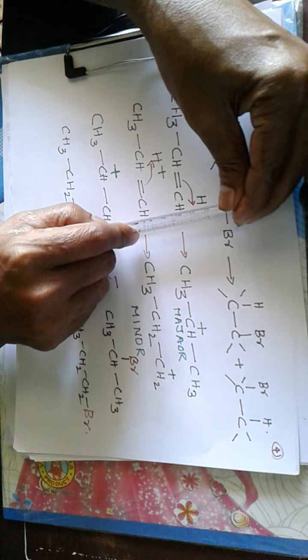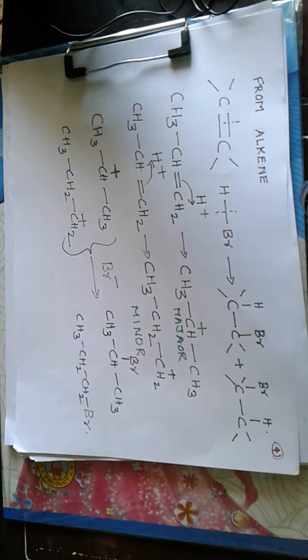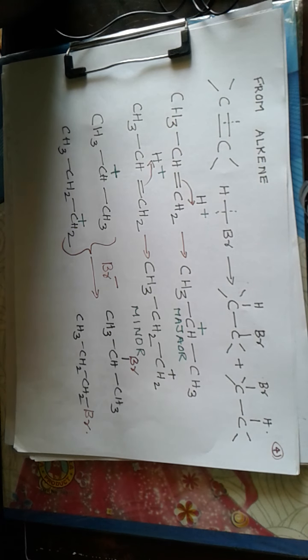Again, H is not the image of Br, so HBr, which is called the addendum, is unsymmetrical, and the alkene is also unsymmetrical.